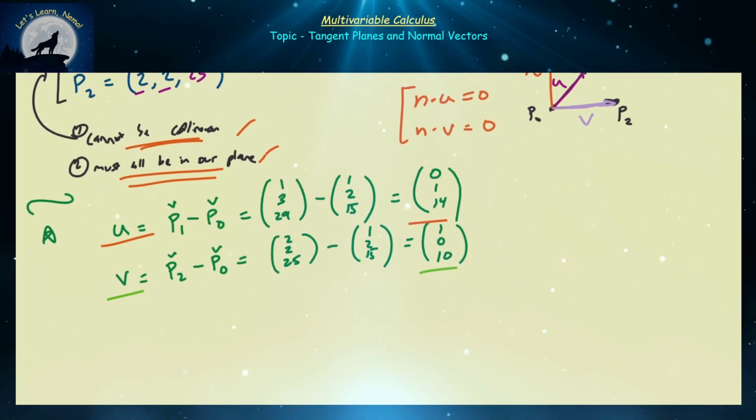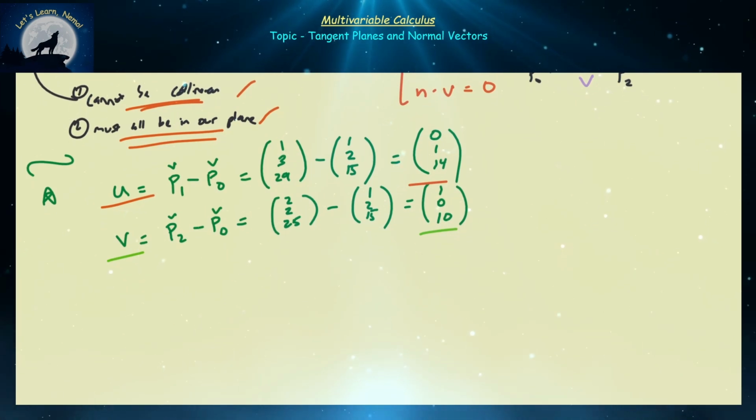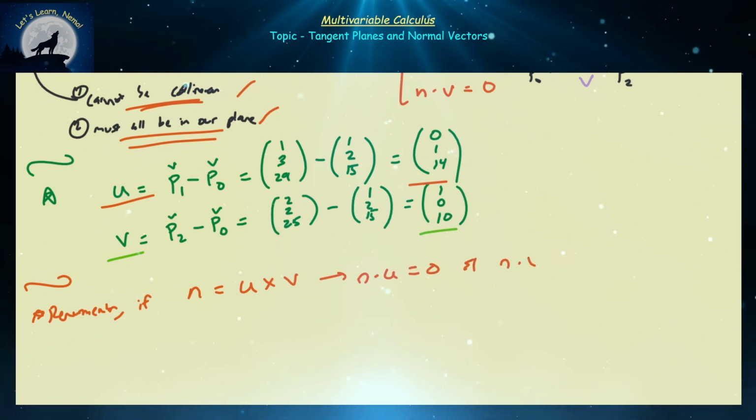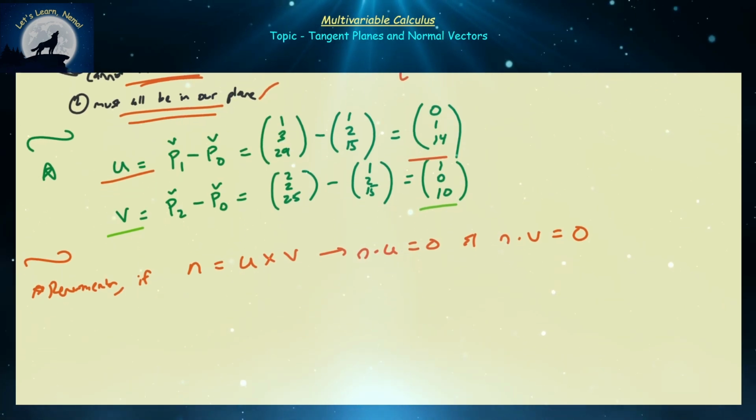Okay? So remember, if n is defined to be equal to the cross product between u and v, then n dot product u will be equal to 0, and n dot product v will be equal to 0. So the cross product always gives you a vector in 3 dimensions that is perpendicular to both u and v.